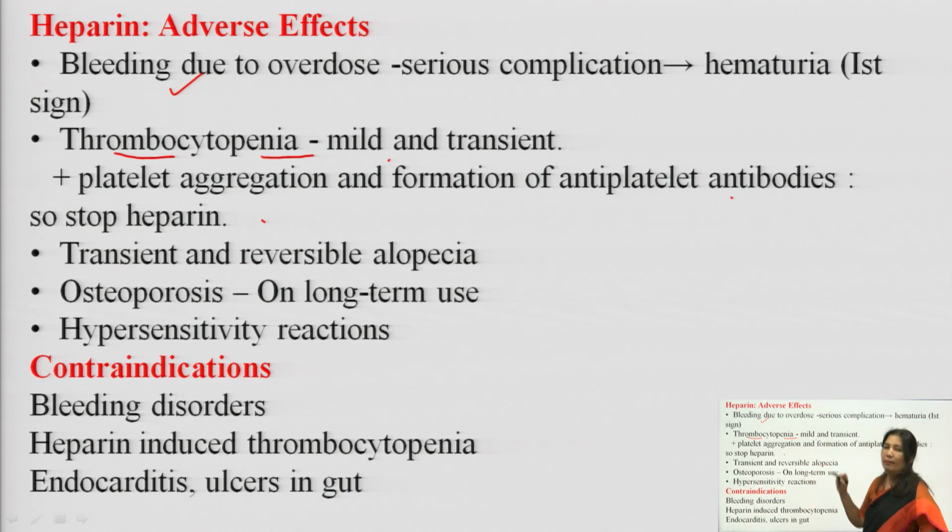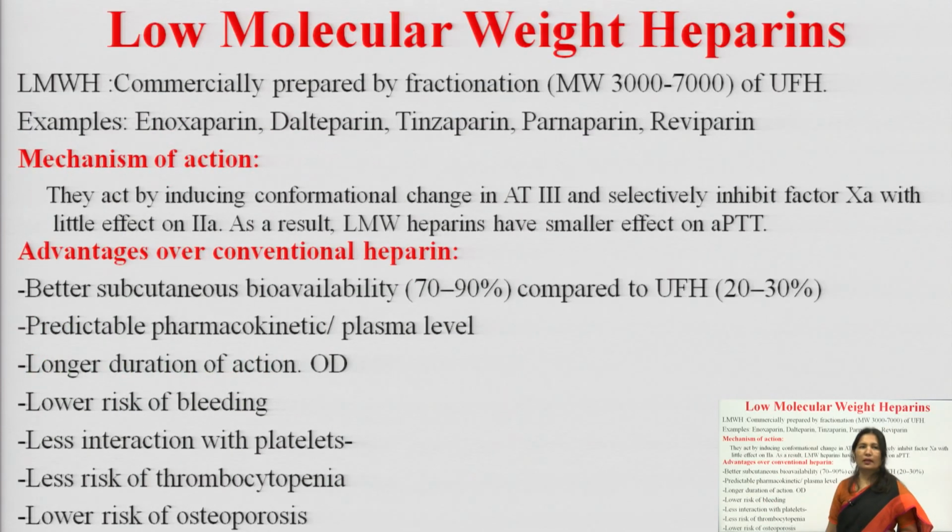We should stop heparin whenever there is thrombocytopenia. Other effects are transient and reversible alopecia, that is loss of hair, osteoporosis on long term use, and hypersensitivity reaction, that is heparin may produce allergic reaction. Heparin is contraindicated wherever there are bleeding disorders, heparin induced thrombocytopenia, ulcer in gut and endocarditis. These are the conditions where we should not use heparin.